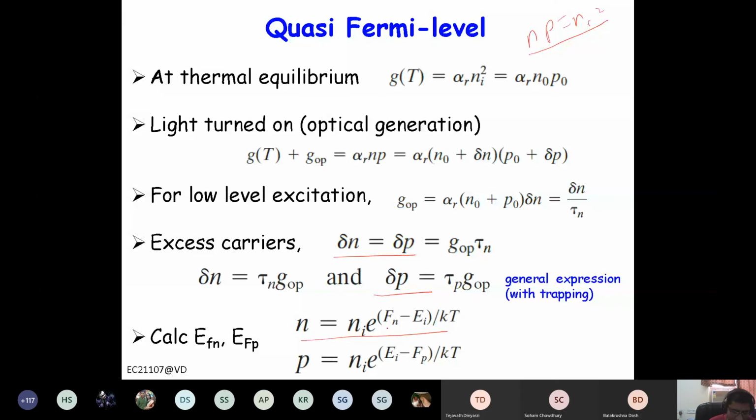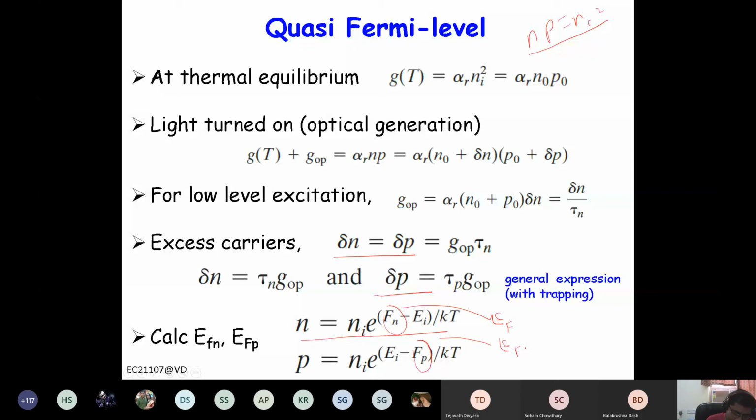So n is ni times exponential of EF minus Ei by kT, and similarly for p, we use Ei minus EF by kT. Now because the np product is not ni square now, these two Fermi levels will not be the same.